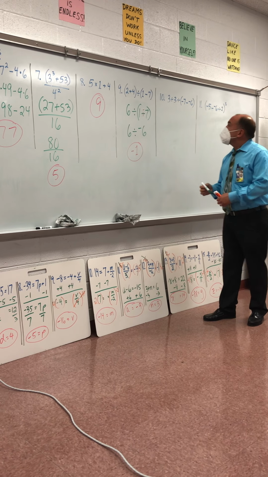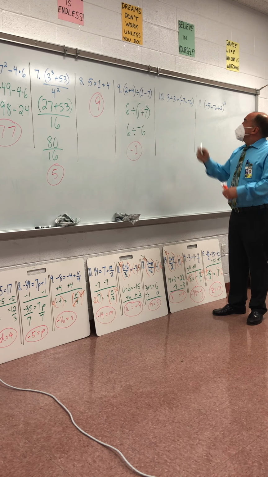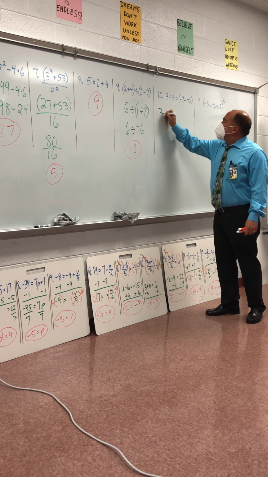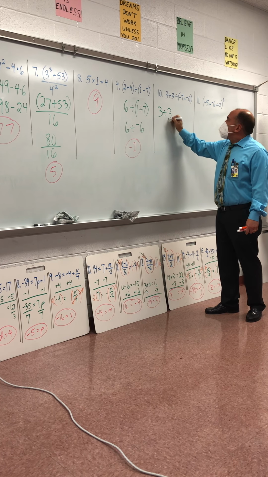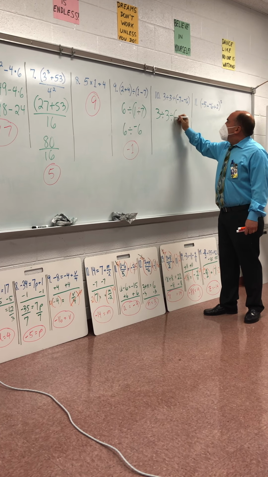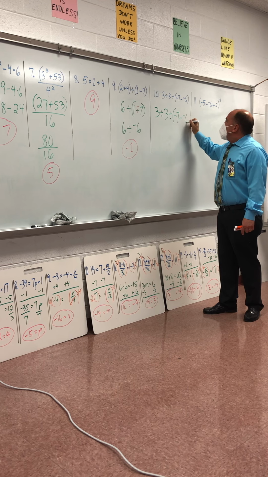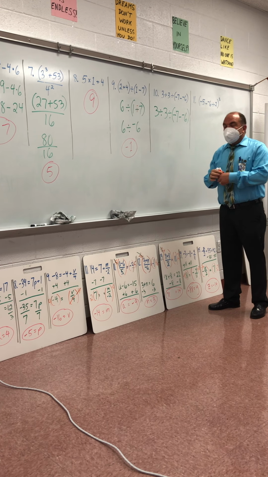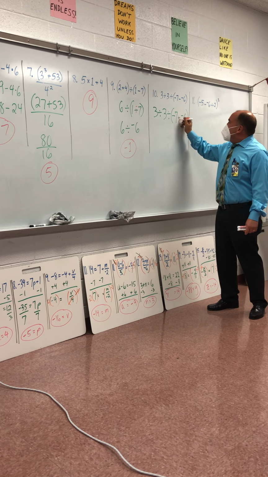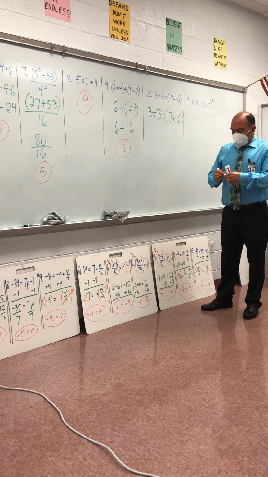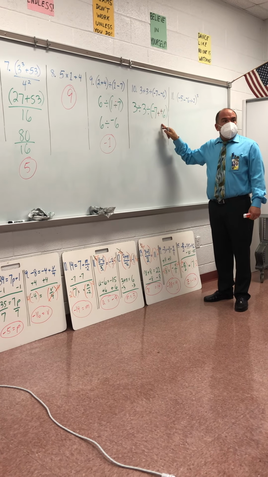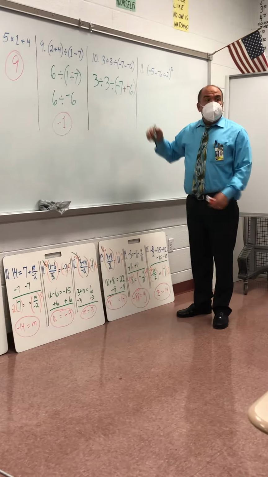Okay. I'm going to go inside the parentheses first. Two-stick rule. Here it comes. Bam, bam. -7 and +6, signs are different.